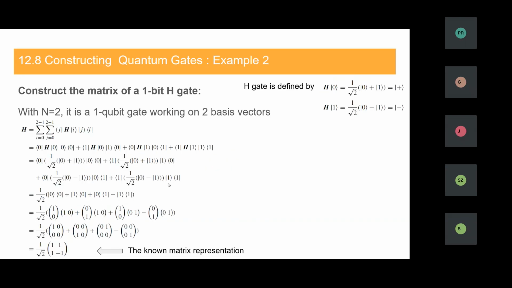On similar lines, I'll not spend more time here. This is how I can also construct a 1-bit Hadamard gate. And for a Hadamard gate, we know this is how the function behaves. It takes Hadamard of 0 and converts that into +1, Hadamard of 1 converts into -1. And that same thing is now represented here also. Just the same logic.